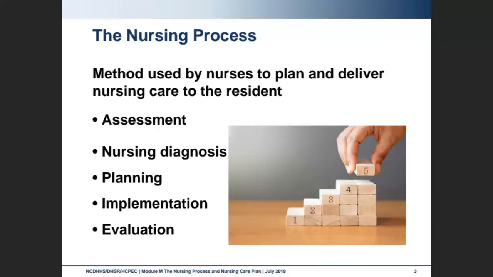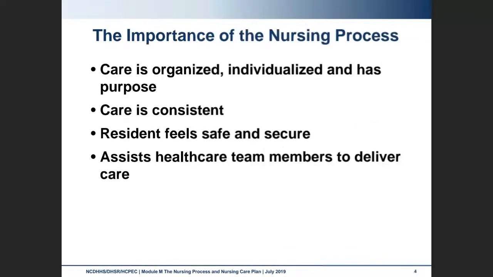So the nursing process is based on the individual needs of a resident. It's used to support directives given from the doctor and other members of the healthcare team. So it all works together, of course. The importance of the nursing process is that it helps to organize our care, it helps to individualize our care, and make sure that it has a purpose, that we're working towards goals and accomplishing them.